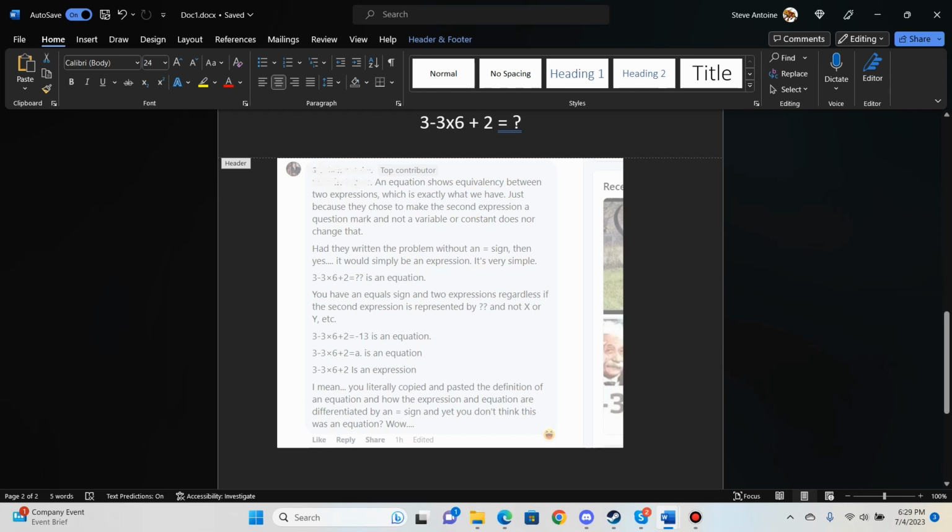All of that jives with the definitions that he copied and pasted, but he's not understanding that. And of course, he has a laugh emoji at the end of my explanation. I mean, you literally copied and pasted the definition of an equation and how expression and equation are differentiated by an equal sign, and yet you don't think this one is an equation. Wow. I had to leave it at that.